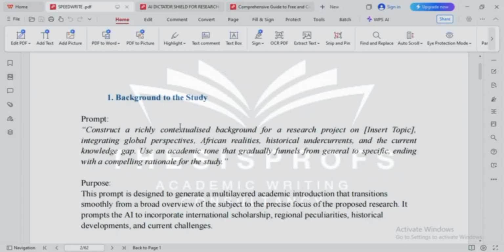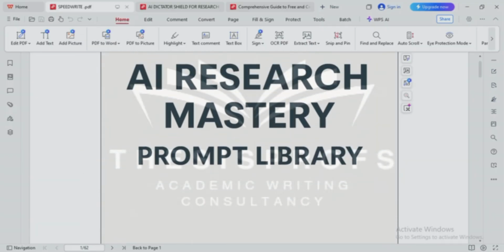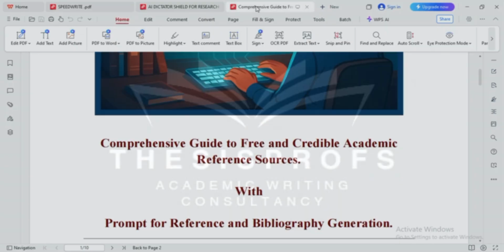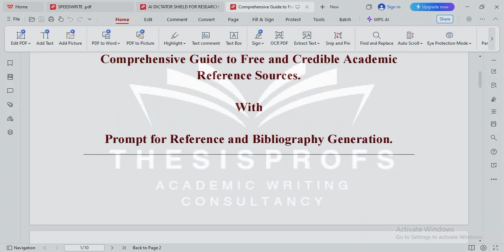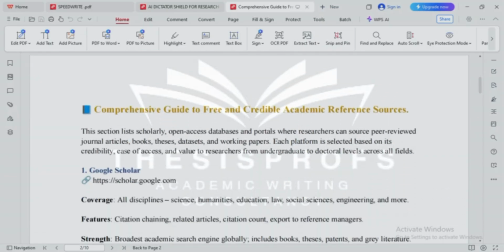Now, this is the prompt library, and then we have a comprehensive guide to free and credible academic reference sources with prompts for reference and bibliography generation. Now, this is another.